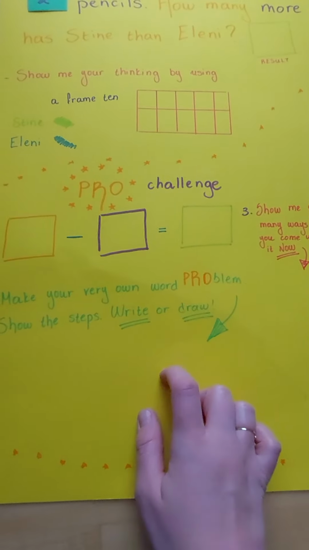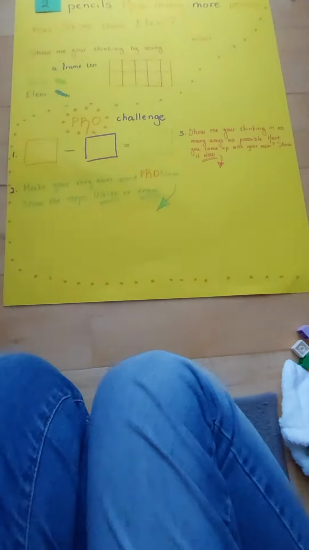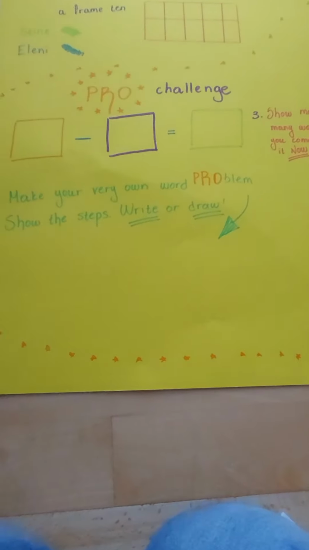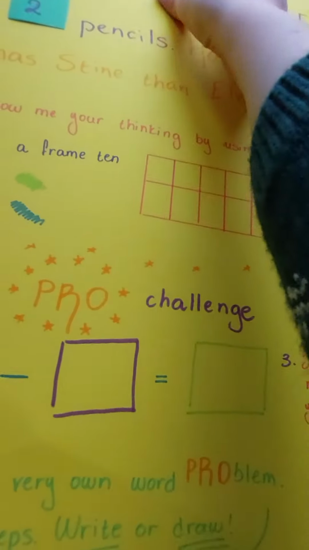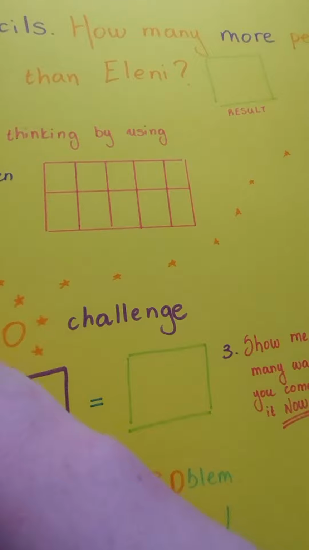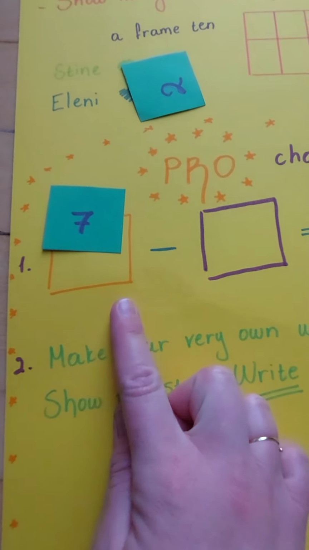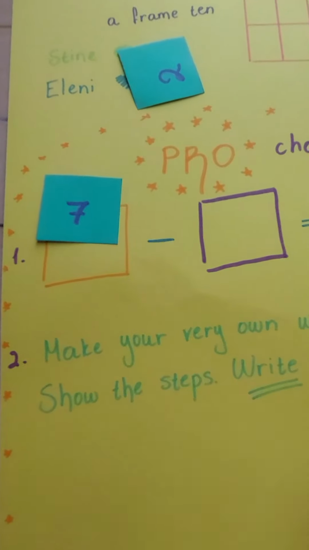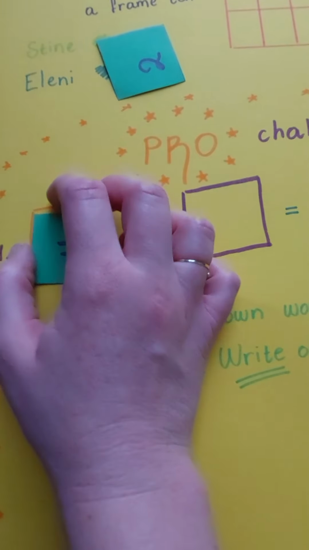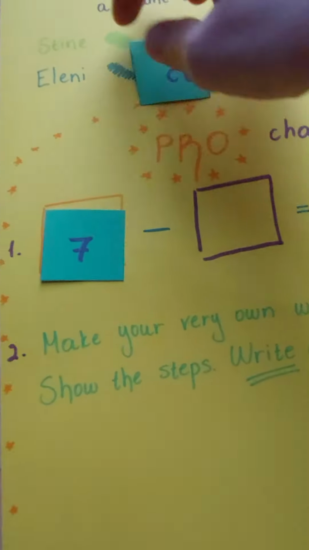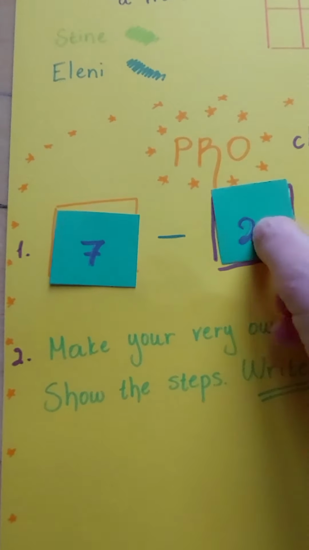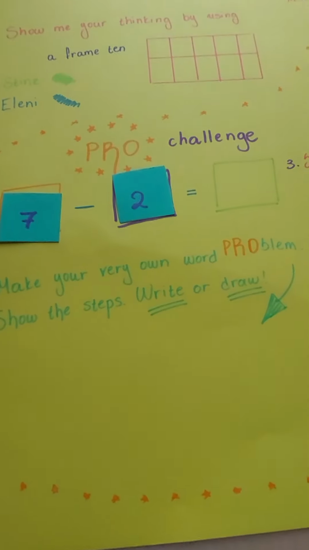And this is for the students who would finish faster than the rest. Here again, they need to draw numbers so they know what their equation would be, but here they don't have the words, so they should know by now that this is the start, this is the change, and we need to find the result.